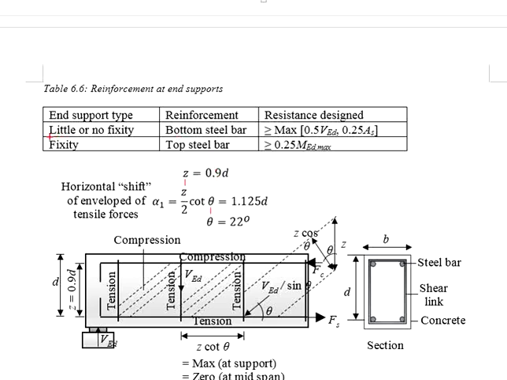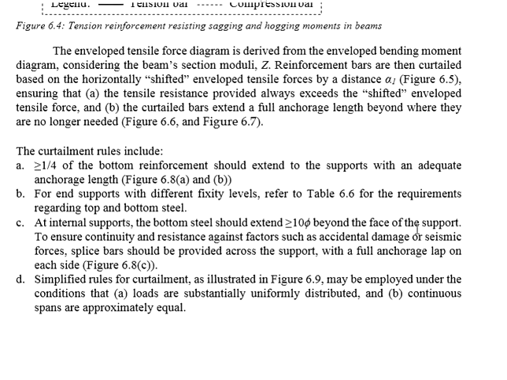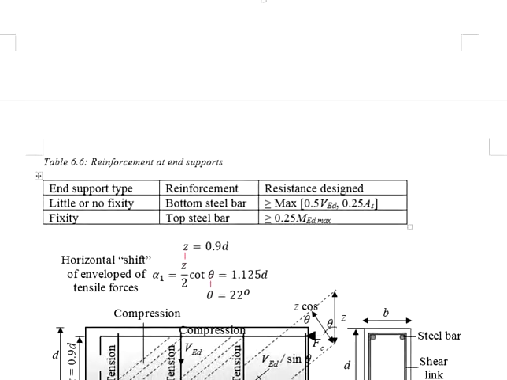As for the end support with fixity, we are looking at the top steel bar, which should be designed to resist at least 25% of the maximum moment along the beam span. To make it simple, depending on the type of the end support, if you consider it is pin, then the requirements will be on the bottom steel bar.